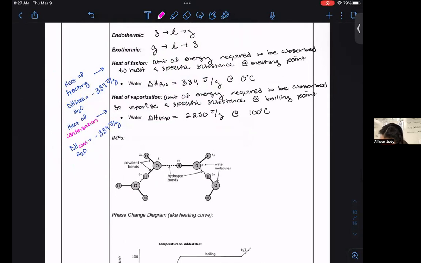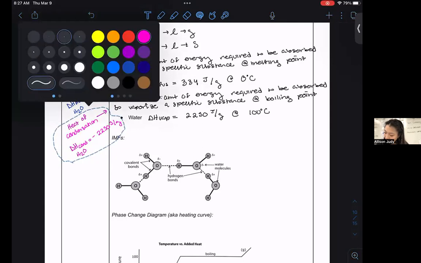That would be the opposite of the value given for heat of vaporization, so it should be negative. I'd have to lose 2,250 joules per gram of heat energy to go from gas to liquid.